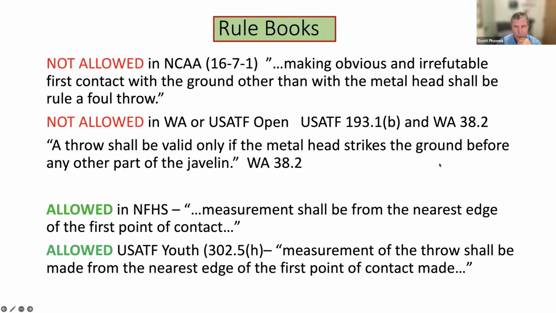But going up to the two, or the three books that don't allow it, there's virtually no difference in the rules except this very useful adjective here, irrefutable, first contact. Irrefutable: beyond any kind of doubt, beyond any kind of question in one's mind.